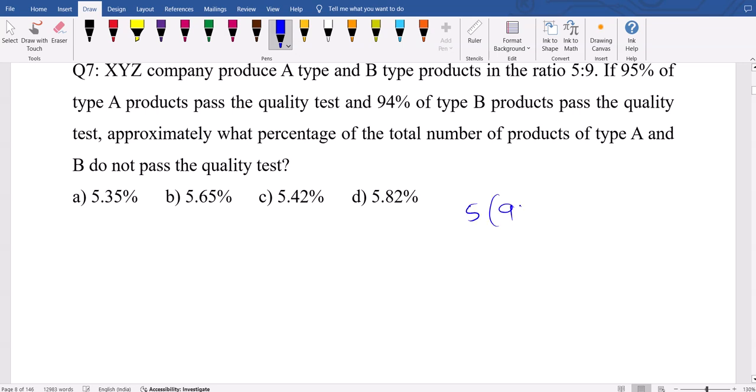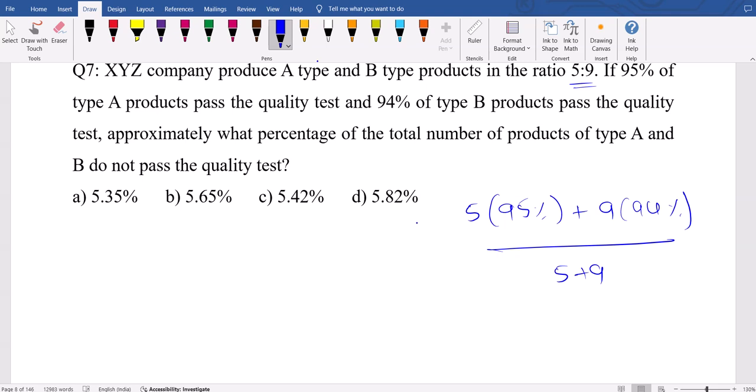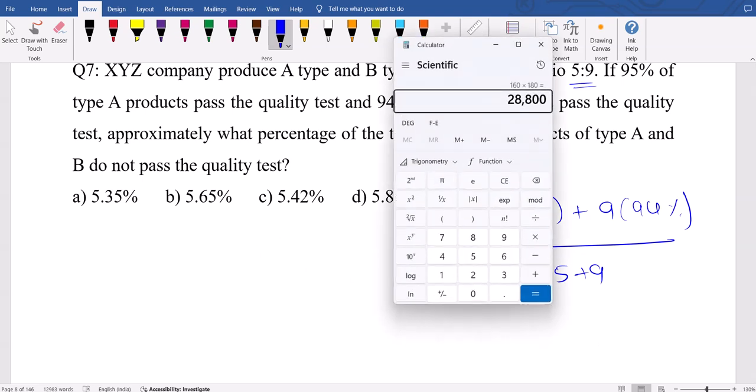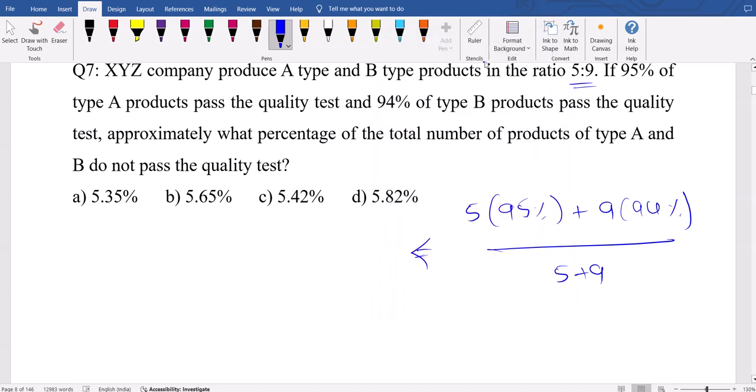For the first, 5, the respective percentage is 95. For the second, 9 in ratio, 94%, divided by 5 plus 9, which is 14. As a virtual calculator is allowed, you can save time to solve. 9 into 94 plus 5 into 95, which is 475, divided by 14, giving 94.357 percentage.